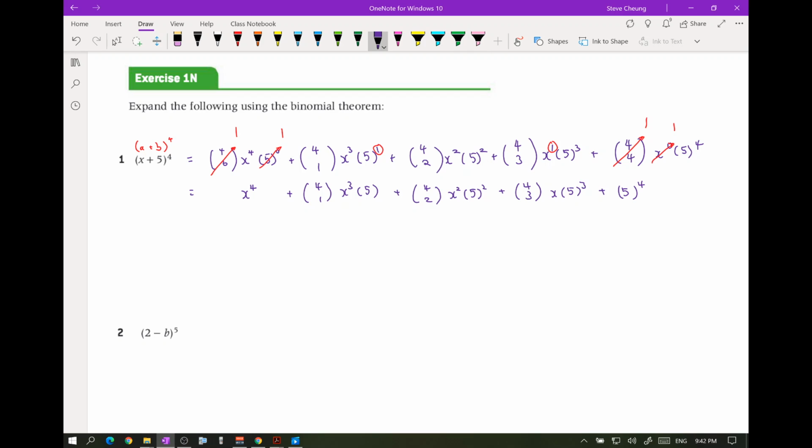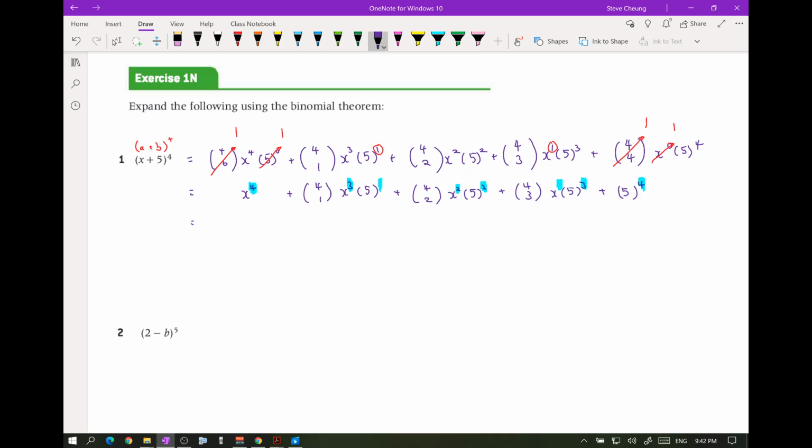And then you also see that these indices always add up to 4. There is a hidden 1 there, a hidden 1 here. The indices for each of these terms will always add up to 4. So that's another nice pattern.